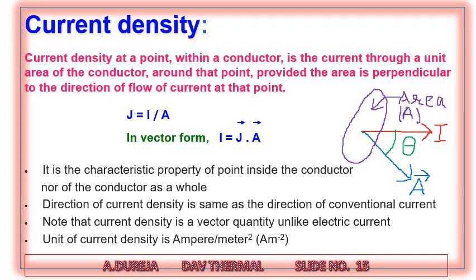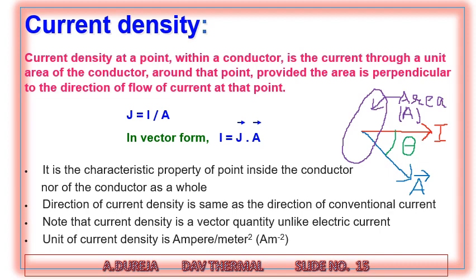Mathematically, J, the symbol of the current density, is the ratio of the current upon the area, and because we have to take the angle between the area vector and the current, we take the cos component, and therefore it will be the dot product between the current density and the area vector.